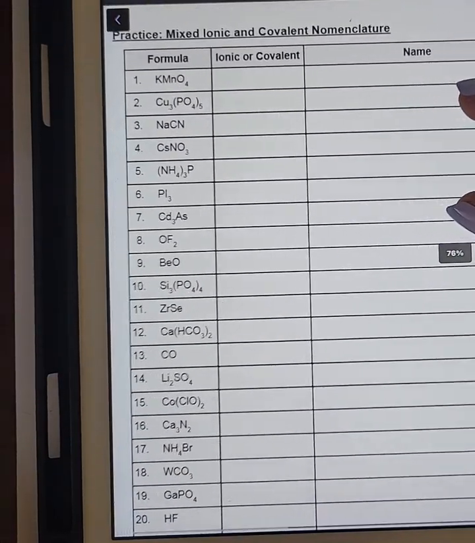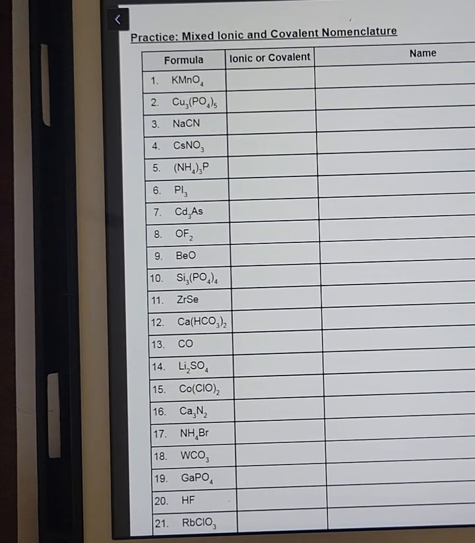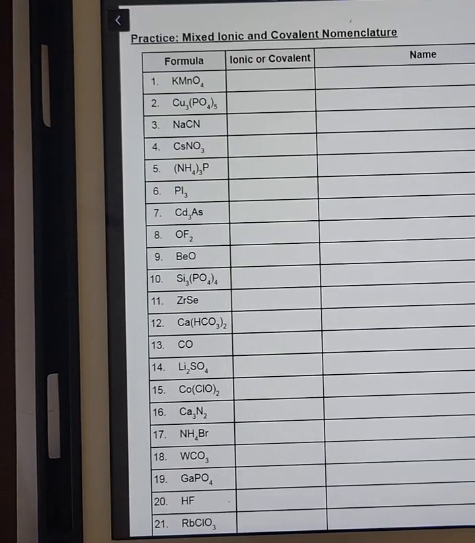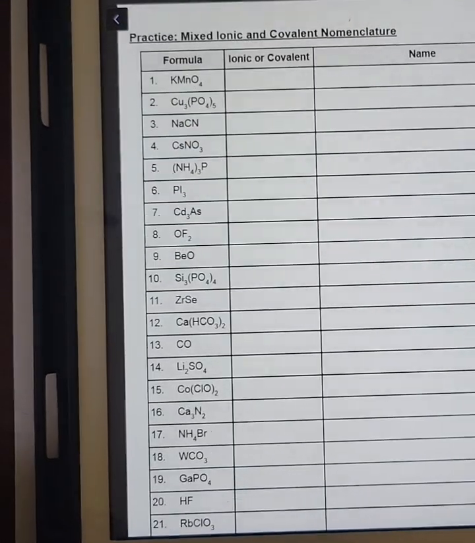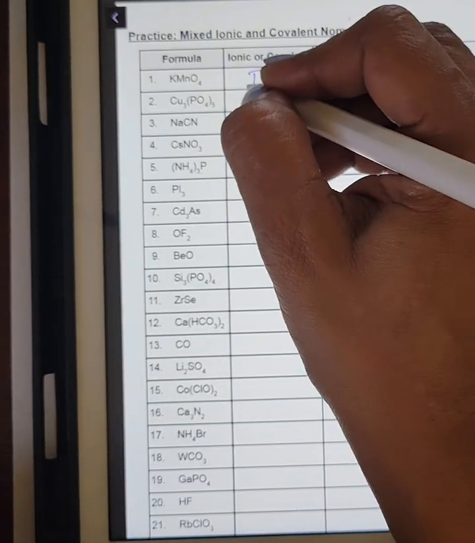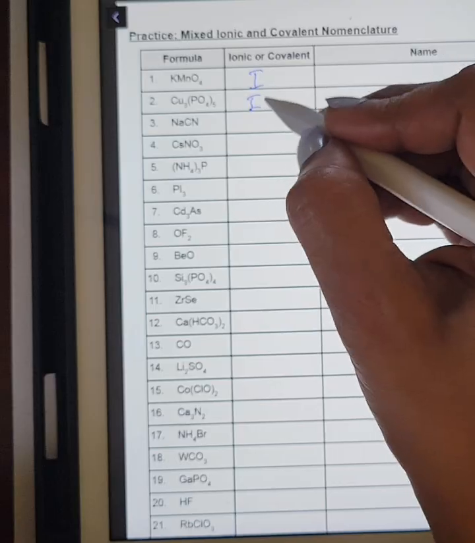And now, this is also a homework. It is mixed ionic and covalent compounds products. Okay? So, whenever you see something start with the metals, we know that which will be what? Ionic. Okay? So, go down, write all ionic first.